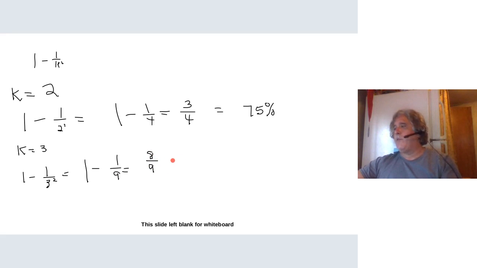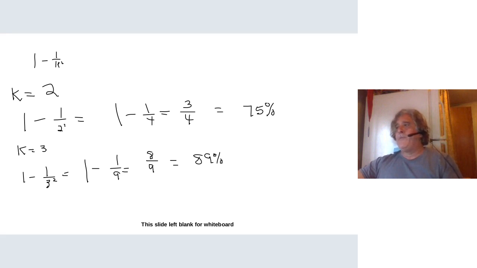Keep the same denominator. And that's approximately equal to 89%. If you take 3 and divide by 4, you get 0.75, and as a percentage, it's 75%. 8 divided by 9 is 0.8888, something like that, which rounds off to 89%. So that's where those come from.